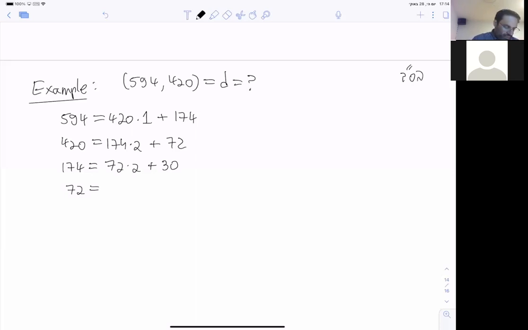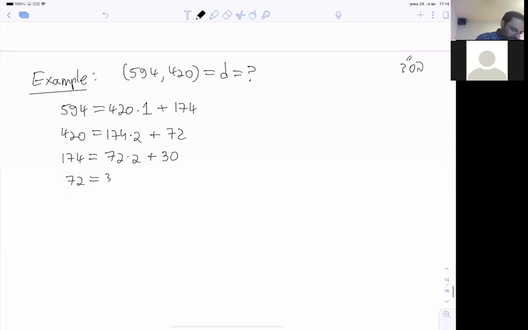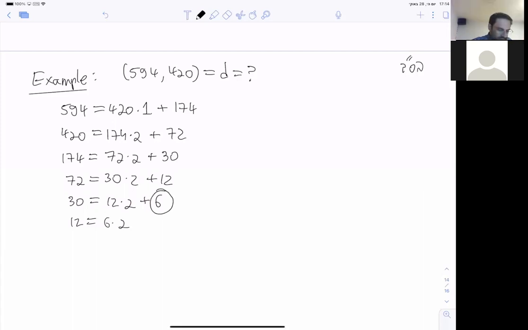Okay, 72 is 2 times 30 plus 12. And then 30 is 2 times 12, plus 6. So this is 6, and finally 12 is 2 times 6. So this is the GCD, the last one which is not 0.